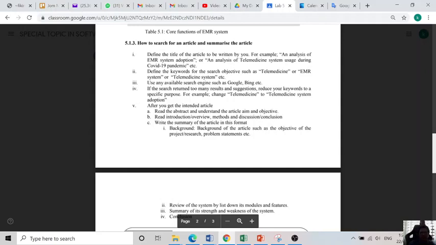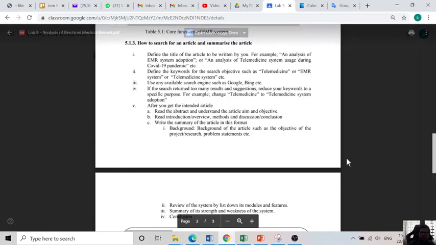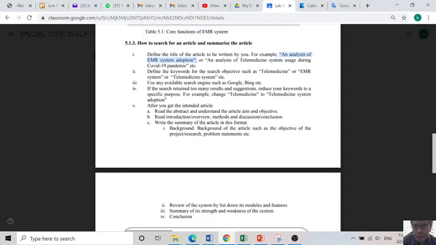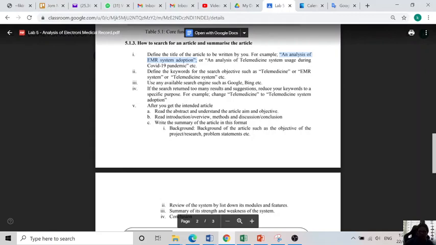And you want to find the article which is related to your topic. So what you need to do is explore other researchers' articles which relate to the topic that you want to write on.